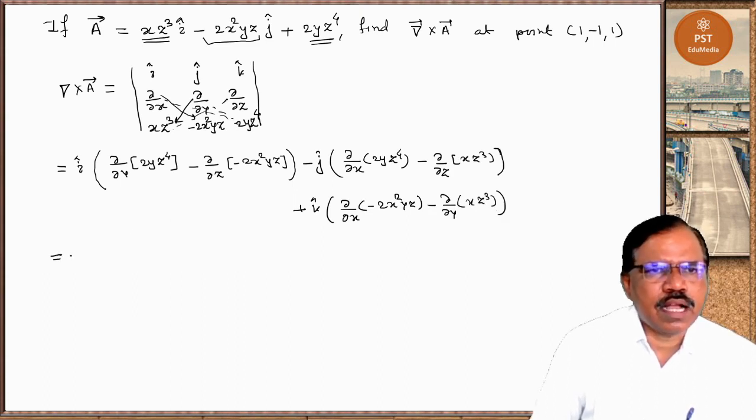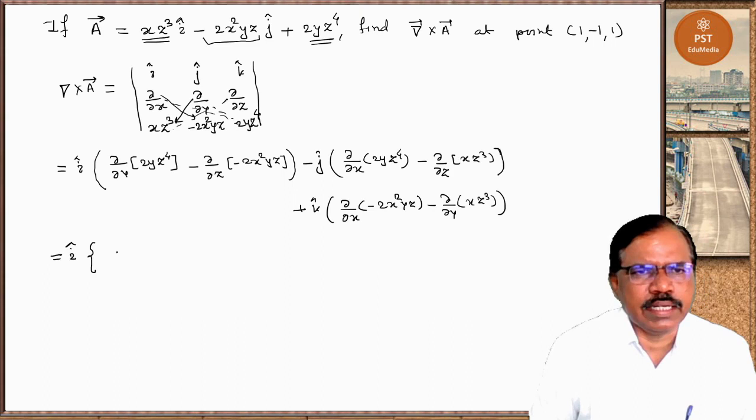So we will get here i, and in the first bracket del by del y of 2 y z raised to 4.